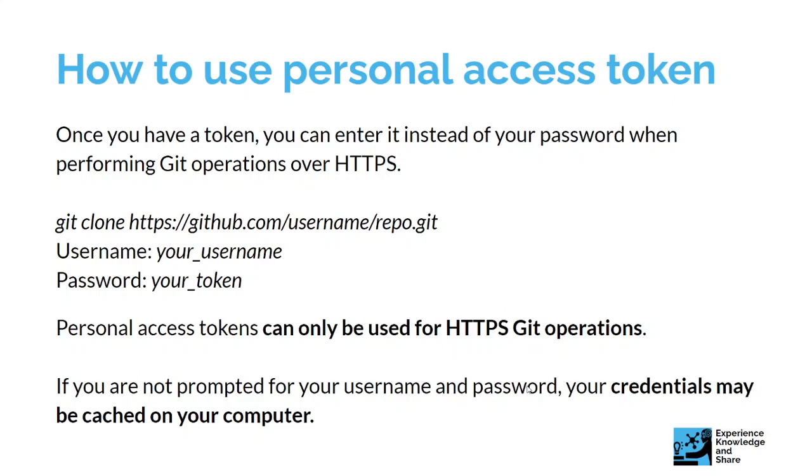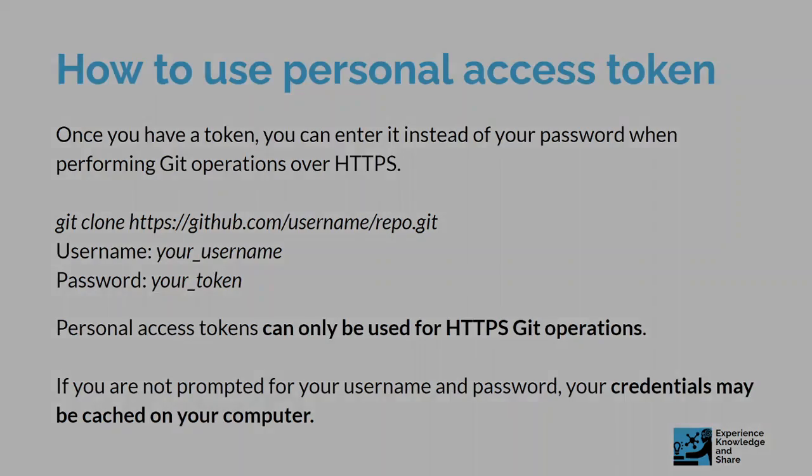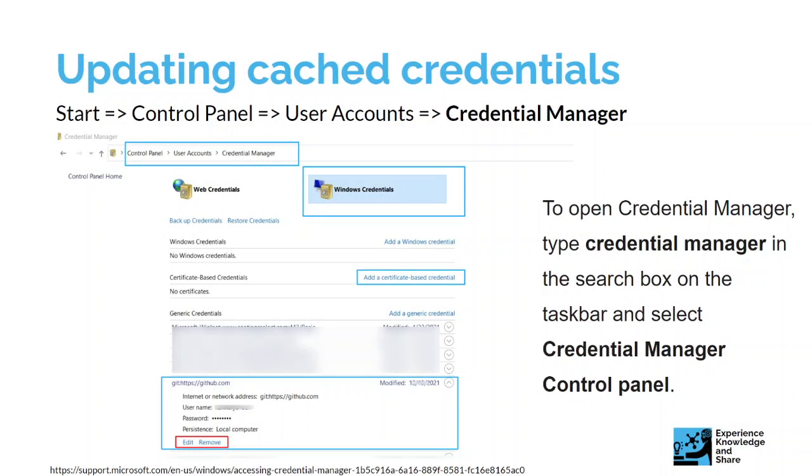It might be that you are using an old credential or an old GitHub account which is cached in your system. So on Windows, we can see our cached credentials and how we can reset or delete them, so we get the updated credential when we run the git command.